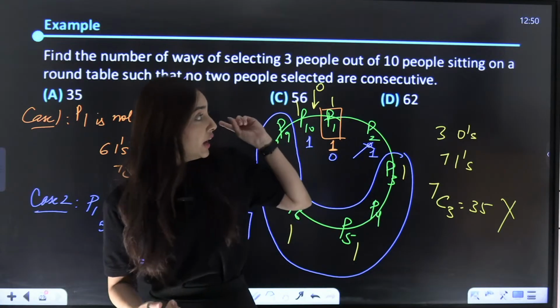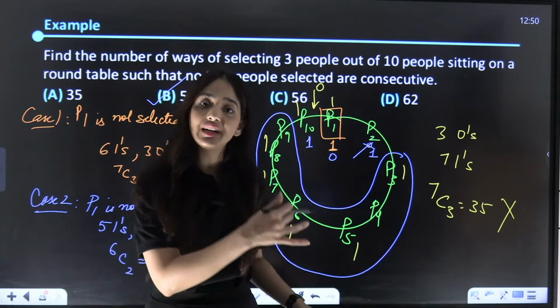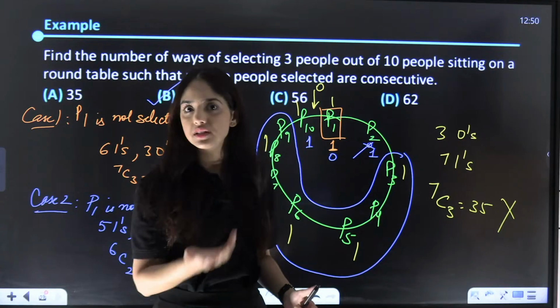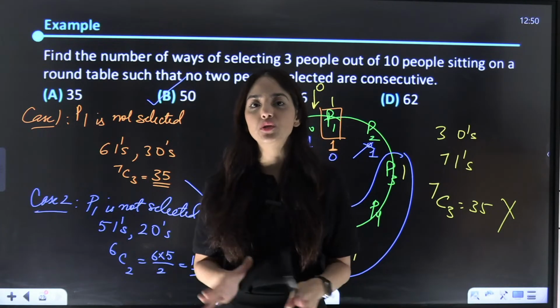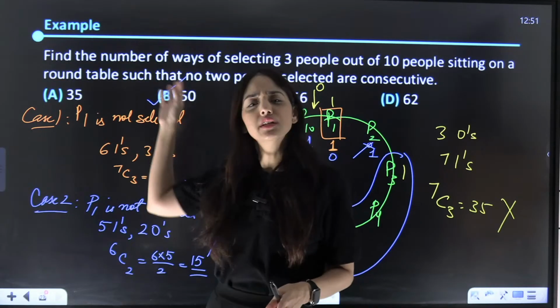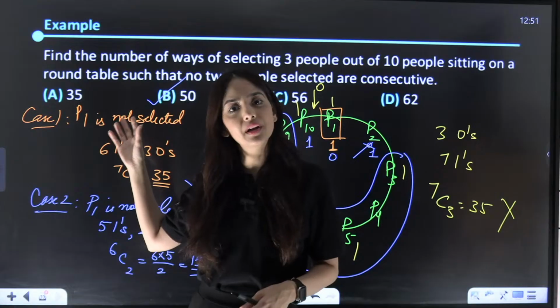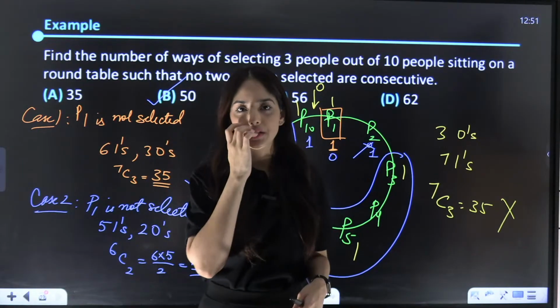We will actually look at this problem again from a different angle and we're going to reach the same answer. Of course, if the method is correct, you're going to get the same answer. We are going to see how this is also an application of that principle, how we could have used that method to solve this question.